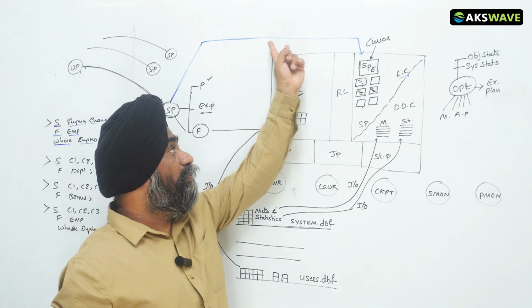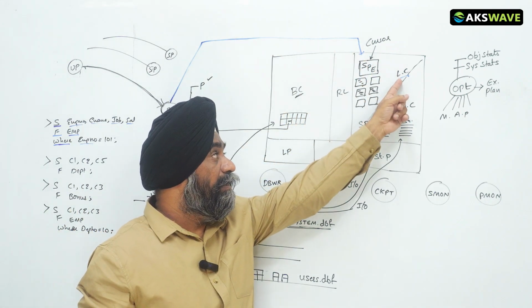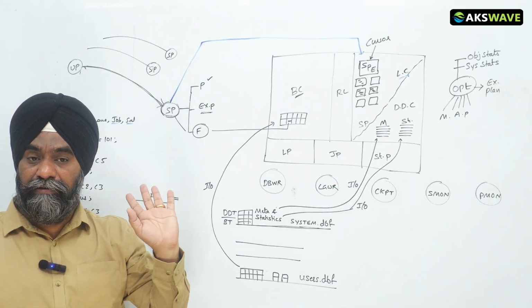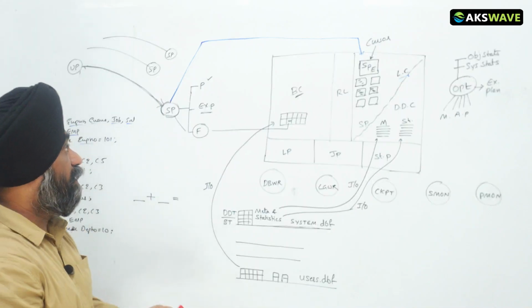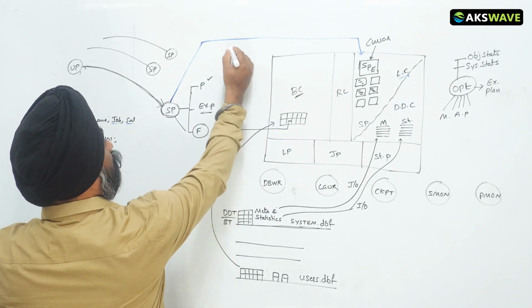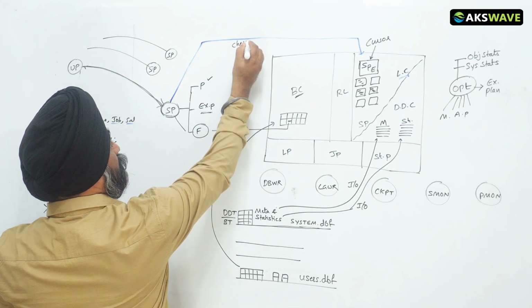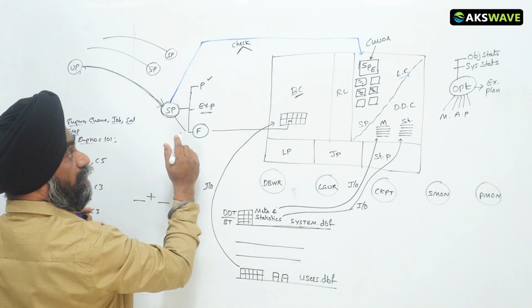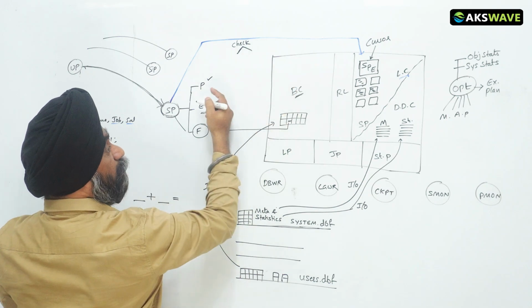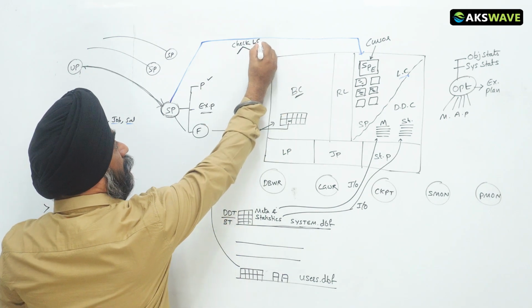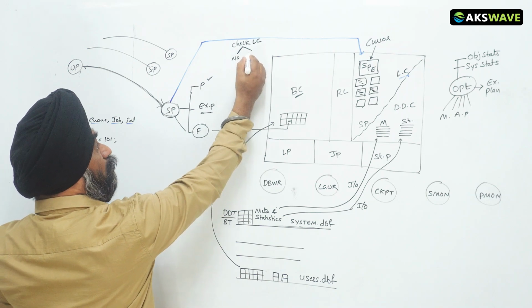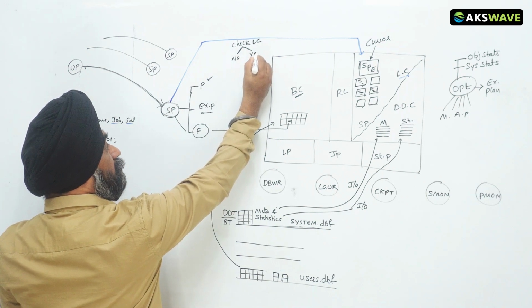First thing it is going to check: is the statement already in the library cache, submitted or not? Check whether it is available or not, in the library cache. So it either finds it, or it does not.